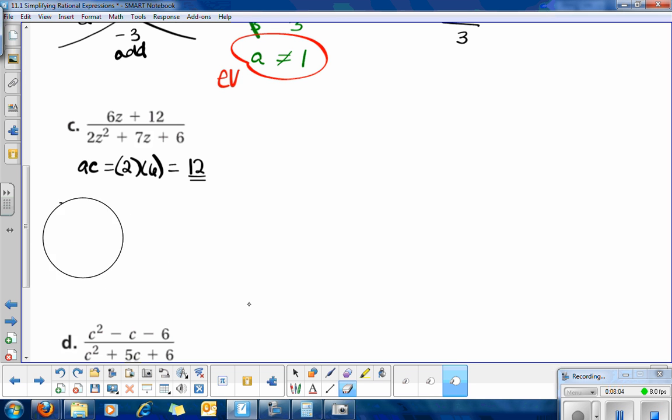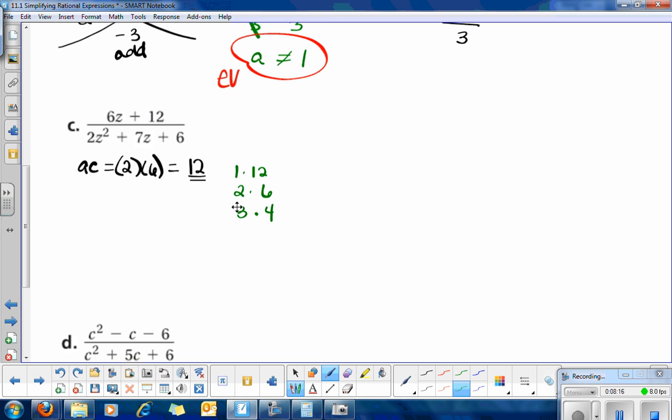Let me erase that. So let's look at our factors. We have 1 times 12, 2 times 6, and 3 times 4. Well, these obviously are the factors we're going to use for our binomials. So using the AC method, we want to rewrite that 7z as 3z and 4z.